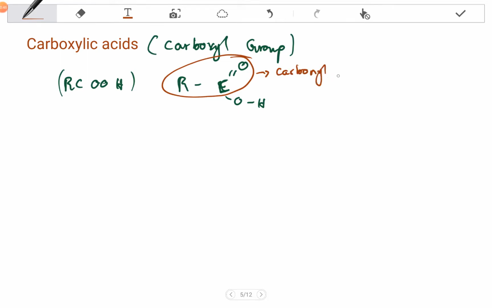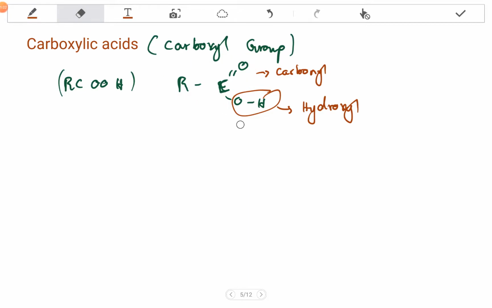And this is hydroxyl. So actually the carboxylic acids are just a combination of the carbonyl functional group and the hydroxyl functional group. So they give carboxylic acid.